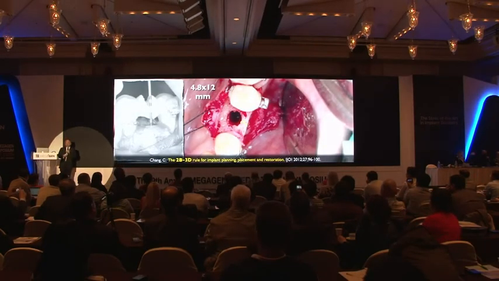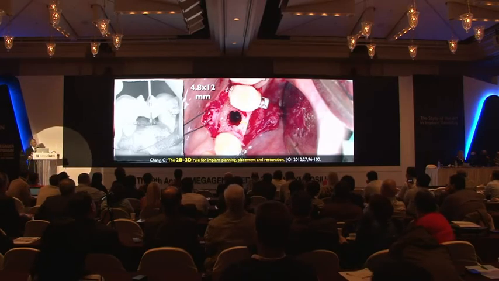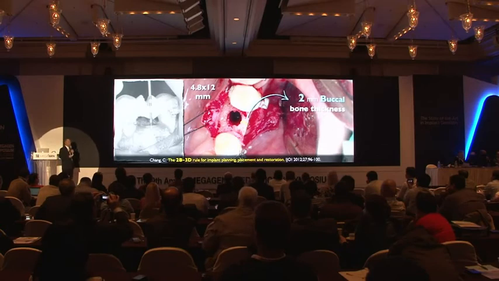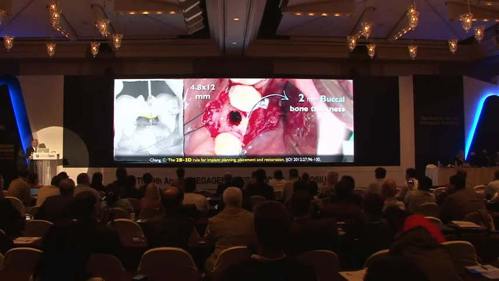And the implant I put is 4.8 by 12, which is a little bit too big today, but even with 4.8, I still preserve 2 millimeter of buccal bone thickness. That tells you, with the orthodontic approach, you really can save a lot of invasive approaches.